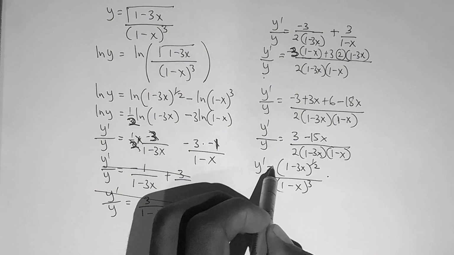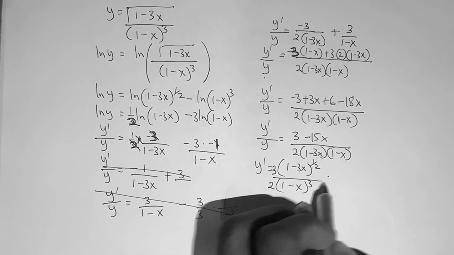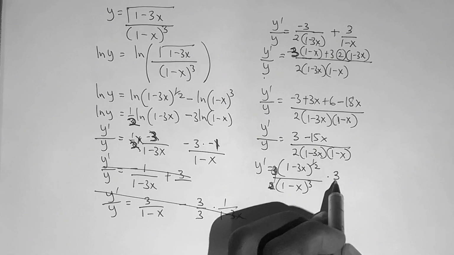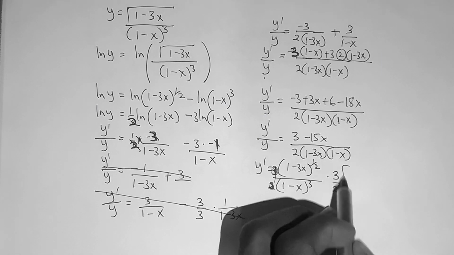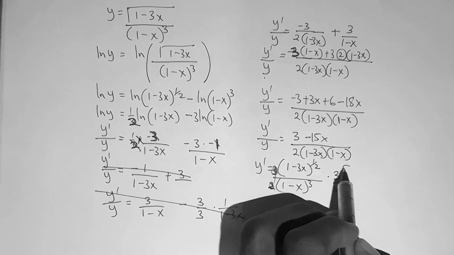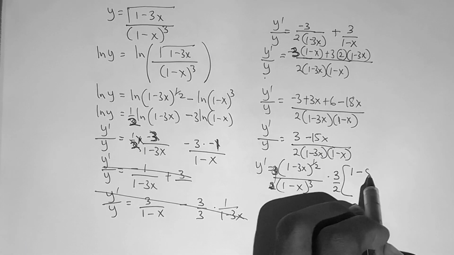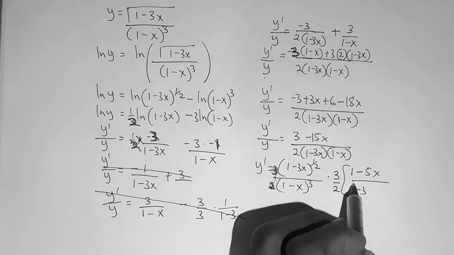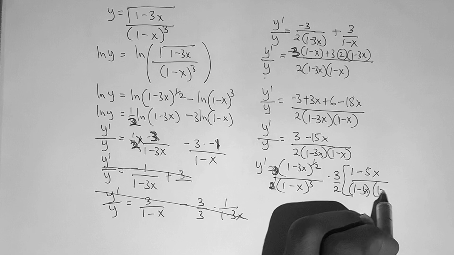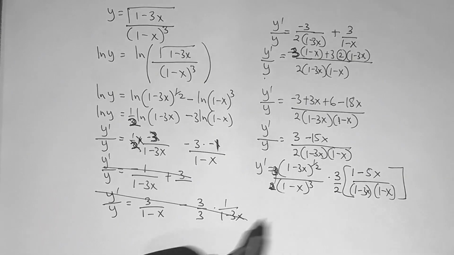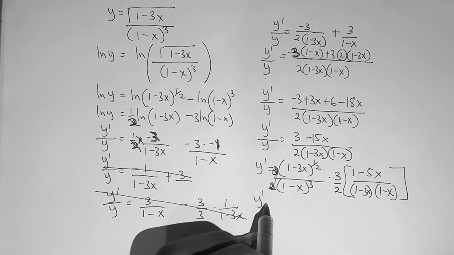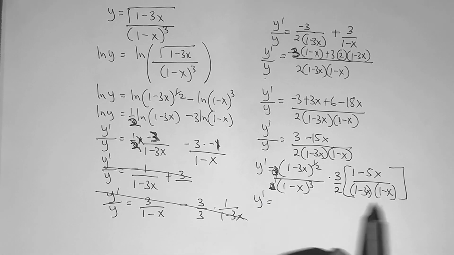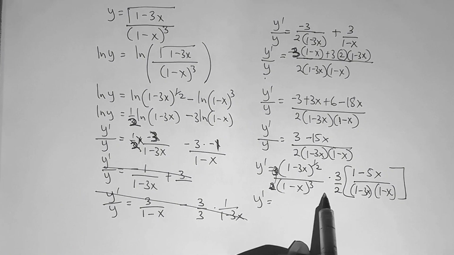So if we factorize 3 over 2 from here, we are multiplying by a constant 3 over 2, then times, if we factorize 3 out of here, it becomes 1 minus 5x divided by 1 minus 3x, then times 1 minus x. So y prime is equal to, now you can see that there is 1 minus x here, 1 minus x here, so that can also multiply.